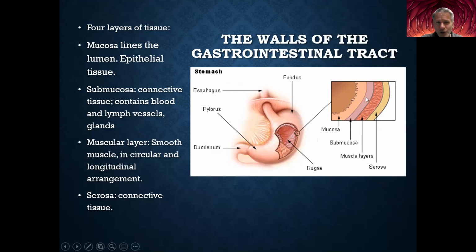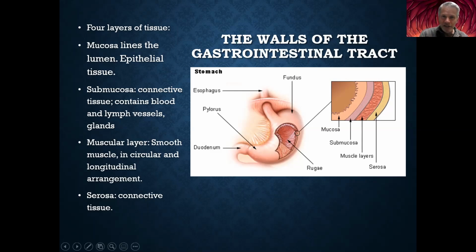Below that, we have the submucosa that has a lot of blood vessels, lymph vessels, and glands. When nutrients get absorbed across the mucosa, the blood vessels take them off to the hepatic portal vein and the liver, and then to the body.